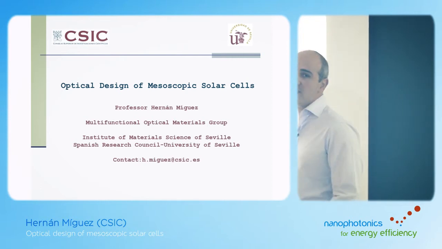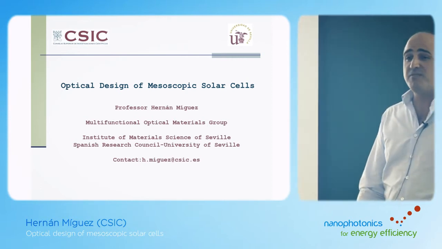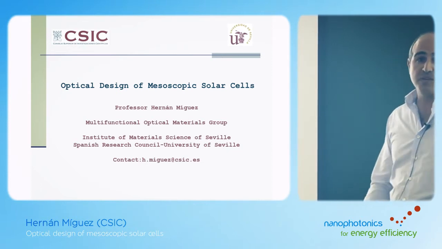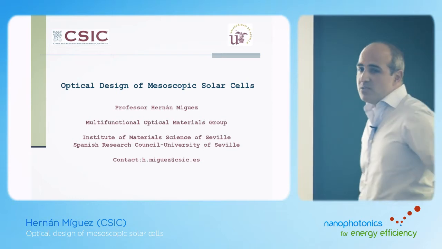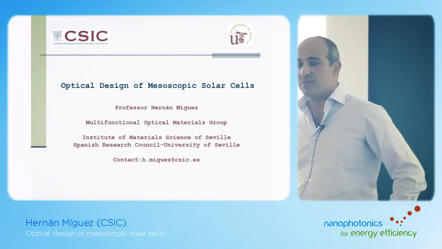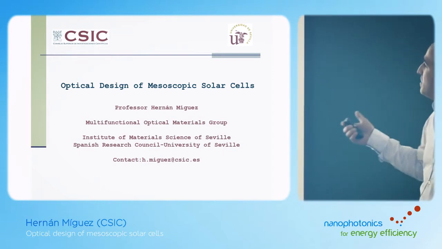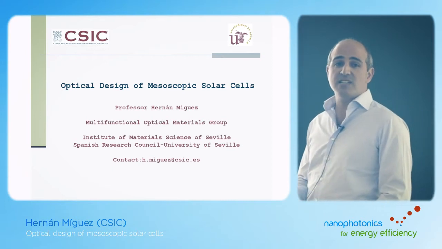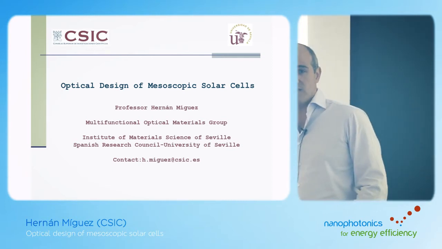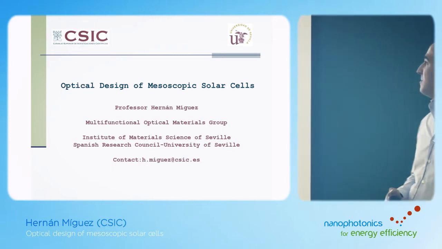I prepared something that might be maybe too specific compared to what our previous speaker has been telling us. Anyhow, I'll try to give it as general as possible. Basically, I'm going to talk about the optical design of mesoscopic solar cells, which are basically dye-sensitized and perovskite solar cells, although I know there are some other cells that can be considered mesoscopic.